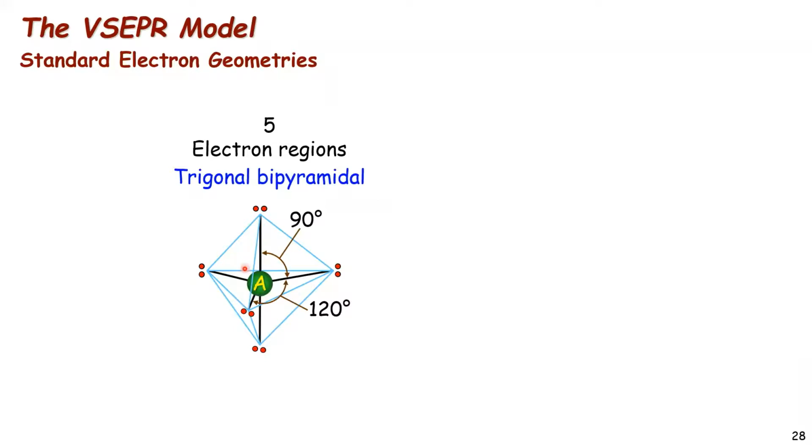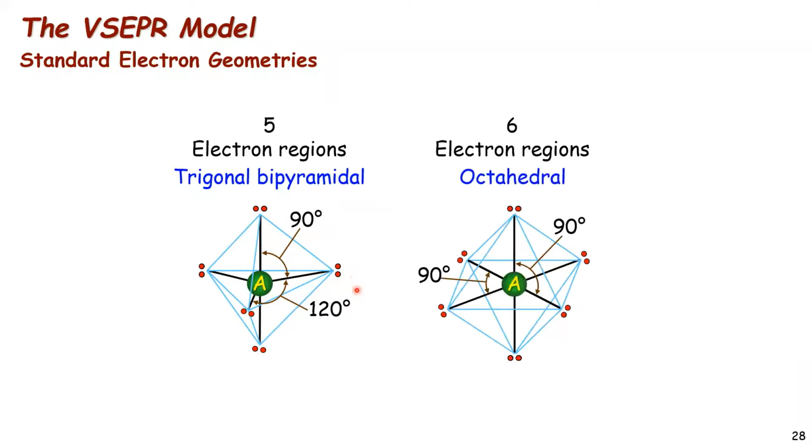This is basically a trigonal planar in the middle with ideal bond angles of 120, and then of course 90 degrees from the axial to the equatorial position. And if we have six regions of electron density, we're going to call that octahedral. Again, we have the axial positions, one above and one below, and then a plane of four regions of electron density. These sit in a perfect square, and you can see that the ideal bond angle between all of the atoms is going to be 90 degrees.